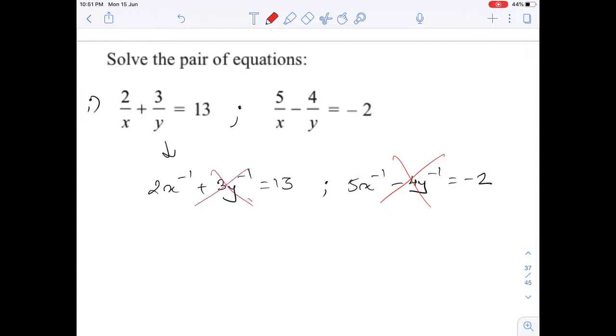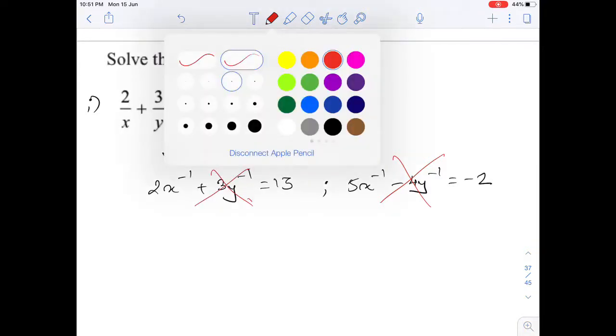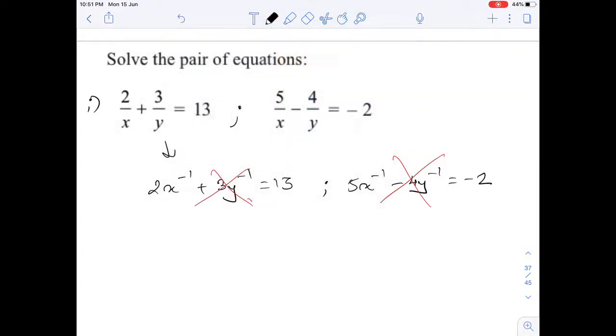So then what we have to do is solve it by reducing this equation into a linear equation. This equation is not a linear equation. Linear means the variable's power in the numerator is positive 1. We want it to be only plus 1, and this one is minus 1.